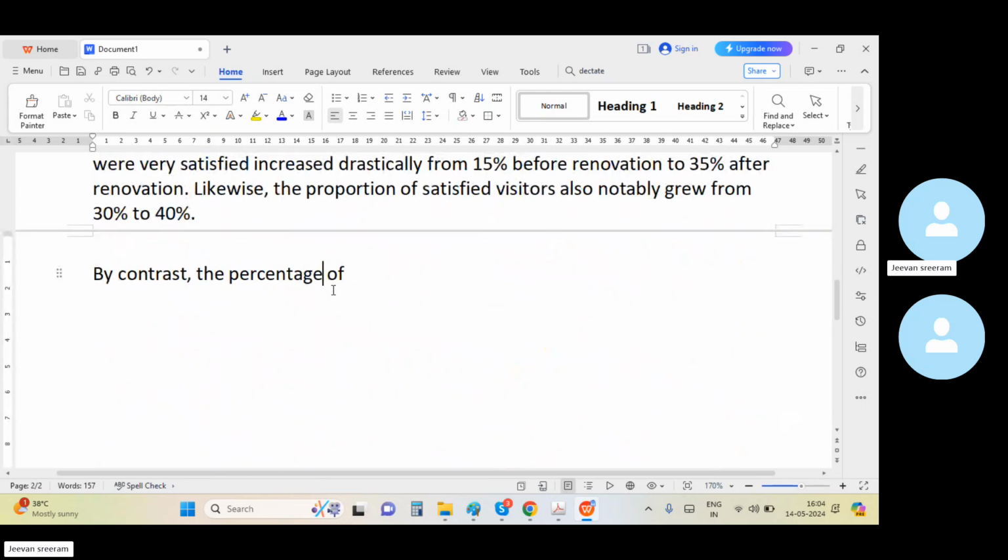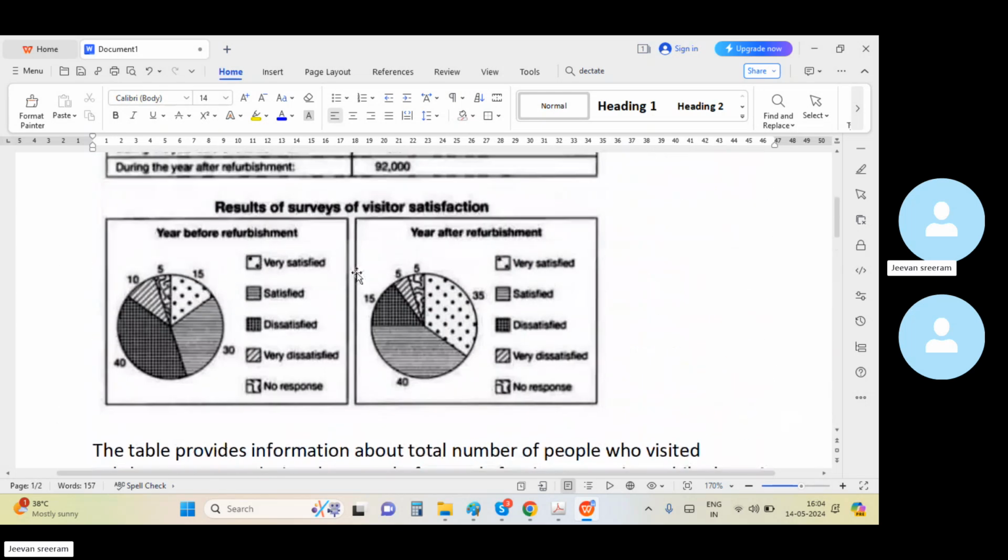The percentage of... please observe the order. You should follow the same order in which the types of visitors have been given. So I just follow the conventional order. Very satisfied is the first one given in the diagram, and I have just spoken about very satisfied.